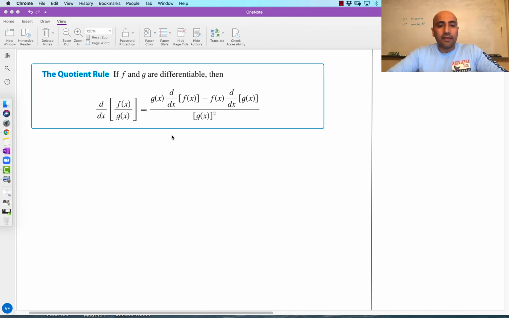Keep in mind that in the songs, they usually refer to low as in the denominator, and then d of high. So low means the g of x is the low, d high, so derivative of the high, minus high d low over the denominator squared we go.